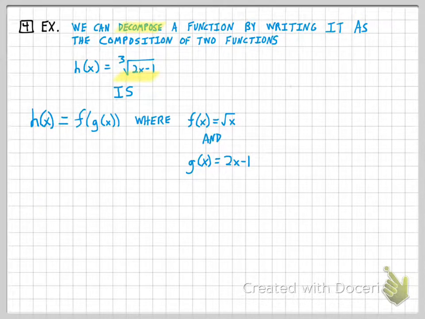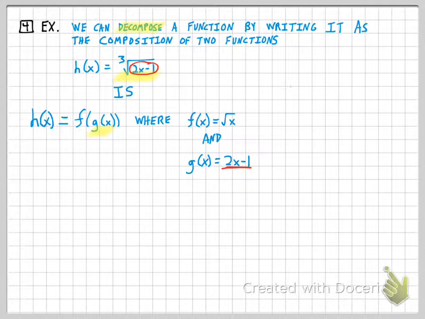I think it's the easiest here to focus on what's the inner function, because that's what your g of x is going to be. And usually you have parentheses or something that makes it pretty obvious. In this case, my g, my inner function, is what's inside this radical symbol. And so that's going to be my g function.